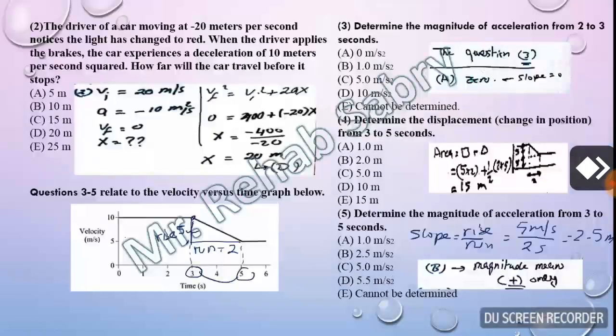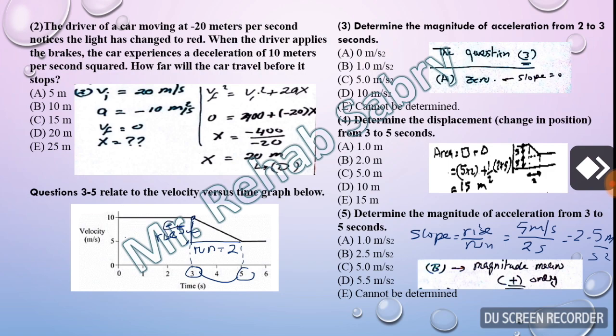Sorry, meters per second squared. But by the way, the slope here is negative. Why? Because here the change in velocity is negative.